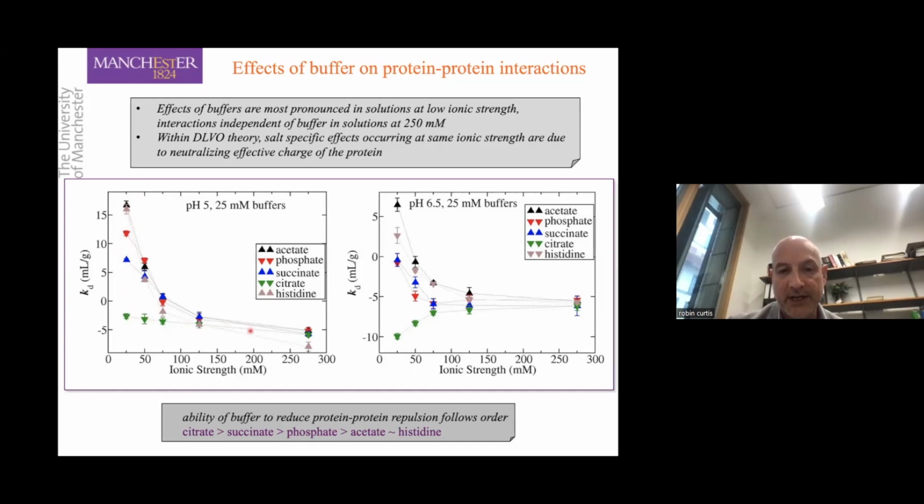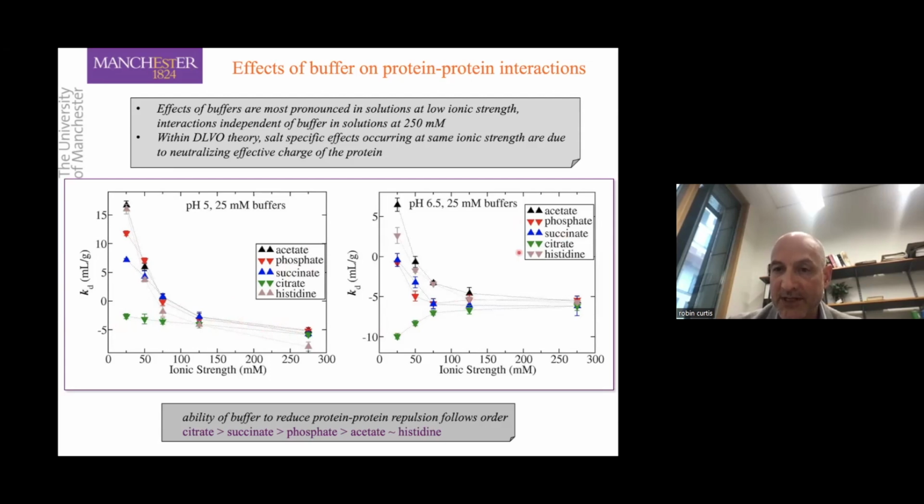And when you increase the ionic strength of the solution, you see that you screen this effect, which is what you would expect if it was a strictly electrostatic interaction. Here we increased the ionic strength by adding sodium chloride, but we've also increased the ionic strength by adding the buffer itself, and you do see a similar pattern. So it does look like the main effect of the buffer is to bind to the protein and alter the effective charge on the protein.